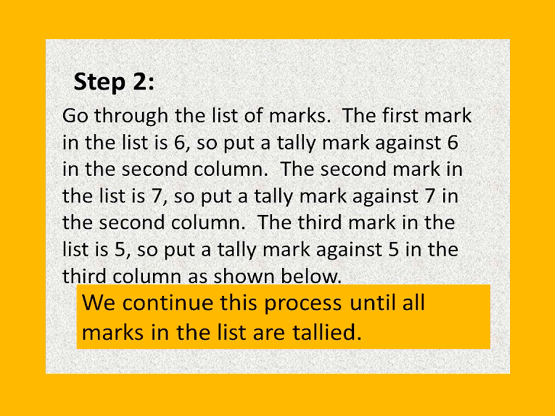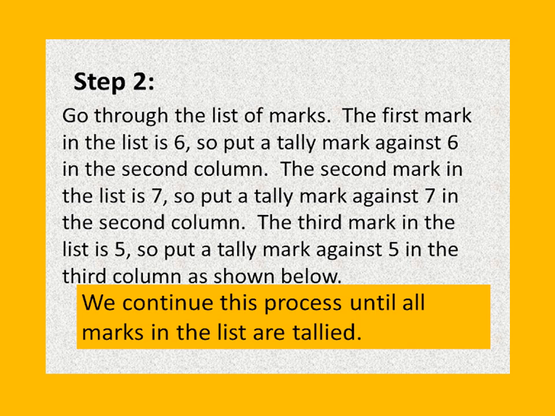Step 2. Go through the list of marks. The first mark in the list is 6, so put a tally mark against 6 in the second column. The second mark in the list is 7, so put a tally against 7 in the second column.